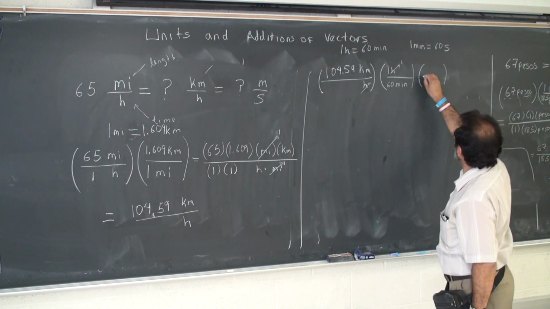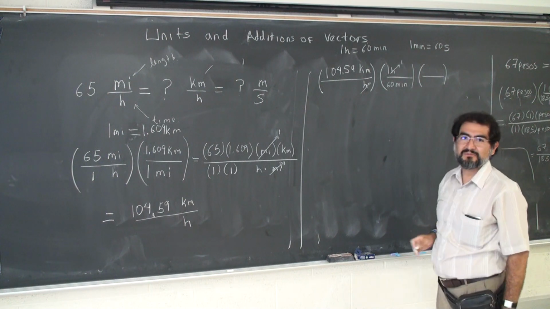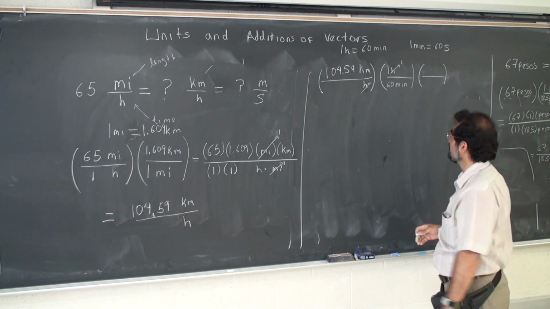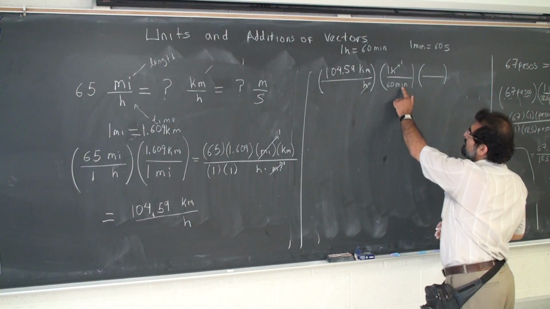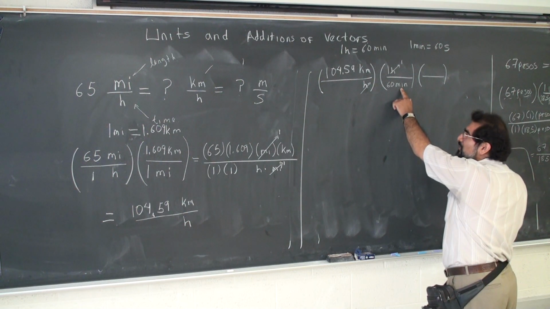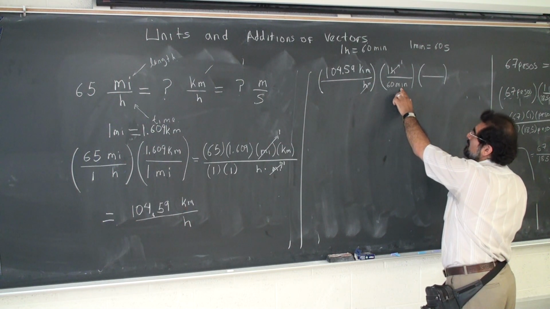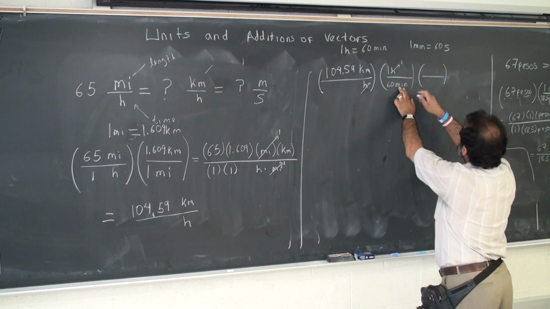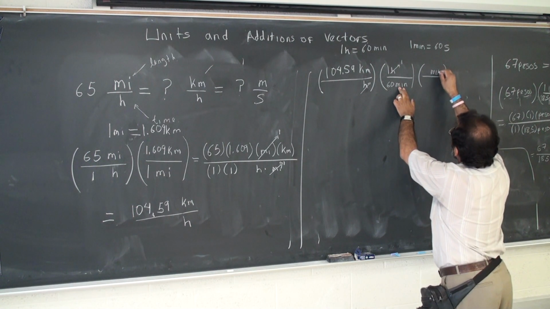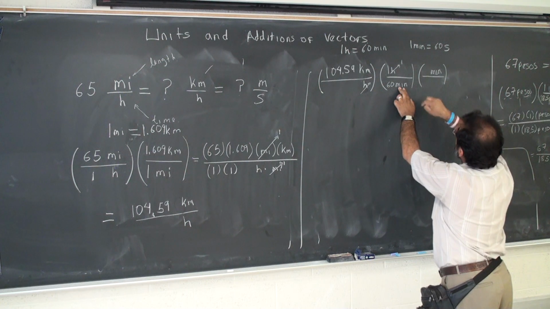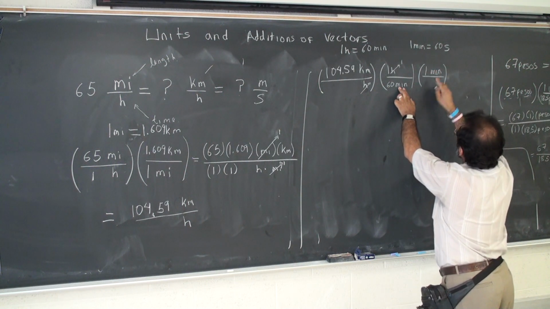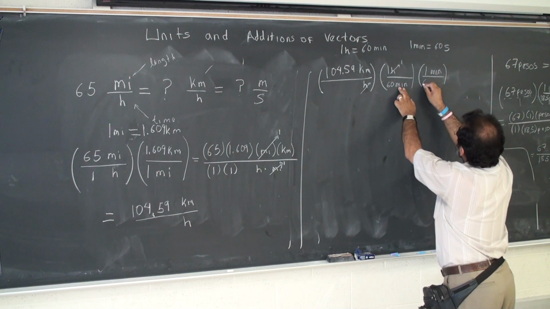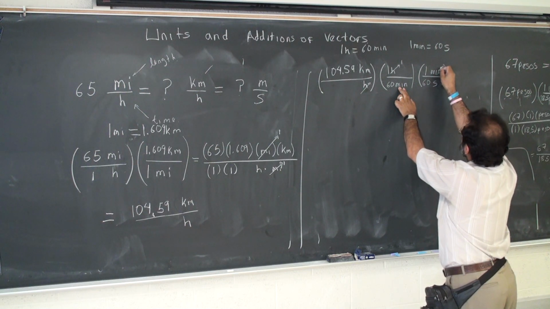I can make another multiplication of fractions, and I have the unit that I don't like too much yet, because it's not the unit that I'm looking for, minutes in the denominator. So I need to cancel it by putting it in the numerator. 1 minute is equal to 60 seconds.